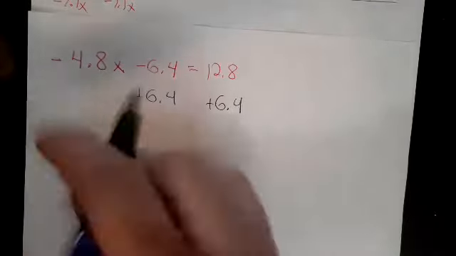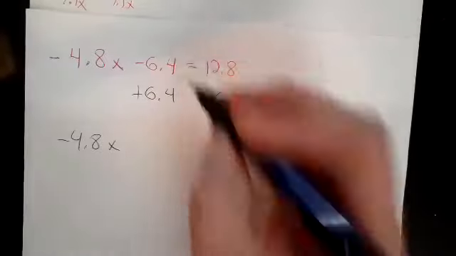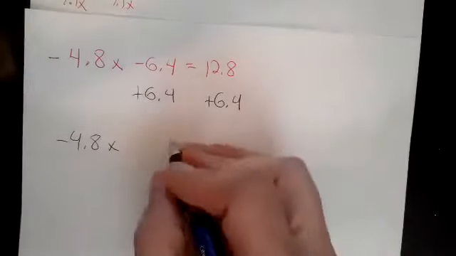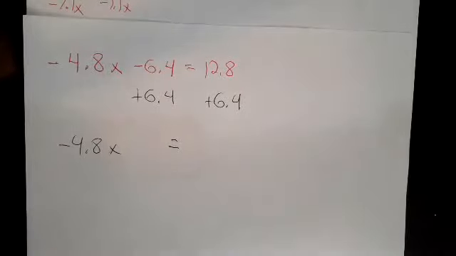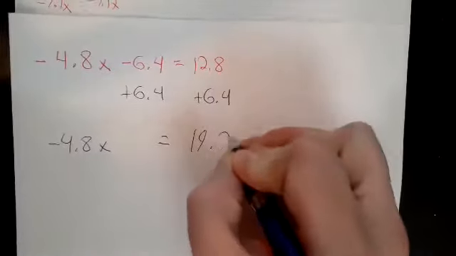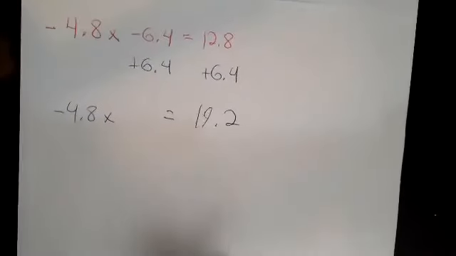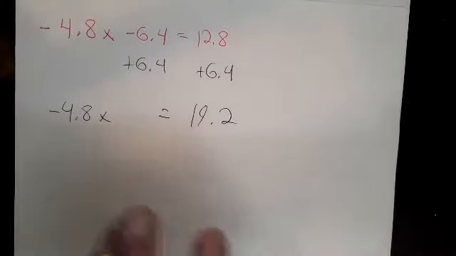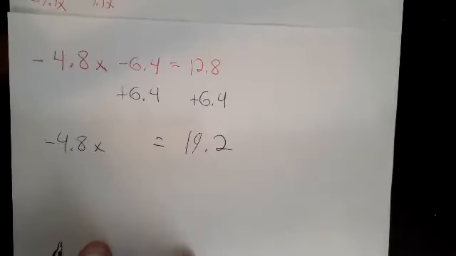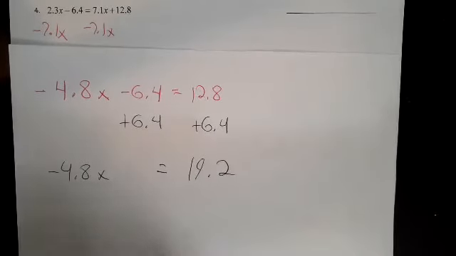And if I'm looking at this, this is giving me what? Minus 4.8x. That's giving me the 0 I want. If I add 12.8 and 6.4, that should give me 19.2. And so these aren't the prettiest numbers, but we can do it. It's doable. And hopefully you'll have a calculator. If it's really tripping you up, you can use that thing.